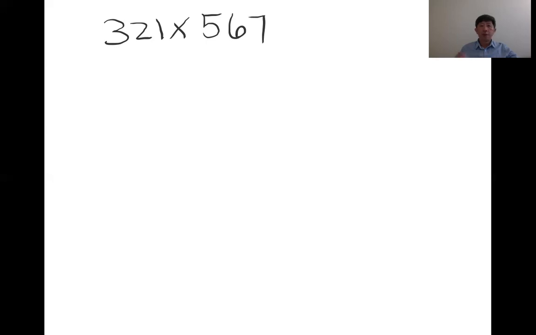If you use this method and you do 3-digit times 3-digit or 4-digit times 4-digit, it's much easier than the standard algorithm. The standard algorithm sometimes takes forever, but this one takes much less time.